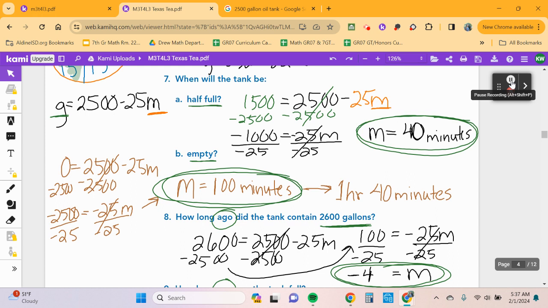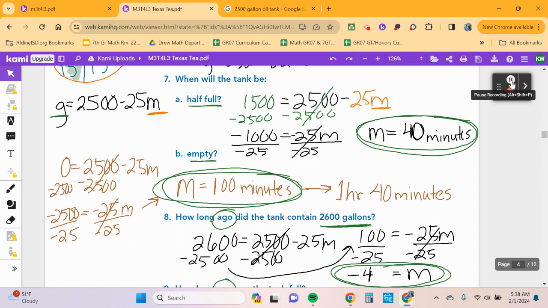And so then I was left with negative 1,000 is equal to negative 25 times m. And again, to isolate that variable, I need to essentially undo what's happening to it. So the opposite of multiplying by negative 25 is dividing by negative 25. And what we do to one side, we have to do to the other. So negative 1,000 divided by negative 25 gave you positive 40 minutes for 7A.